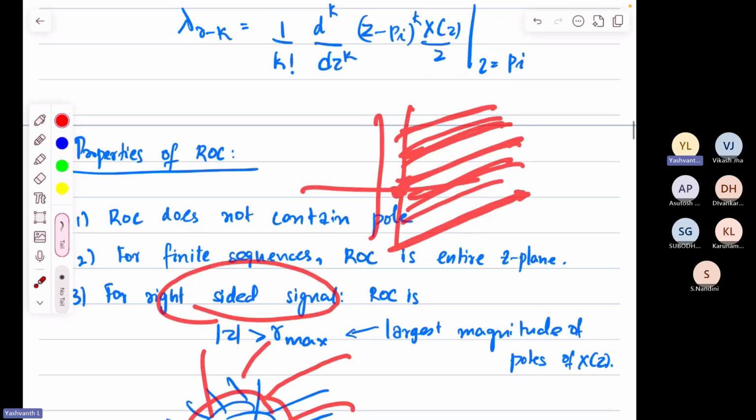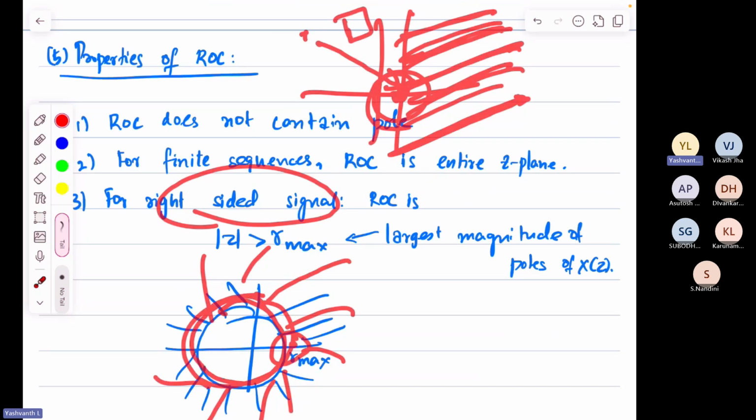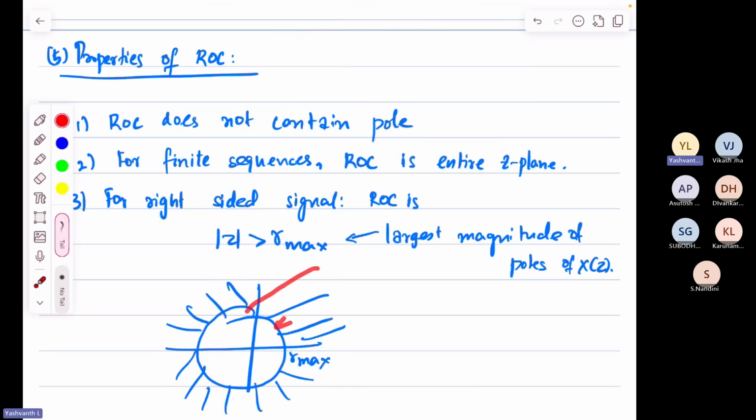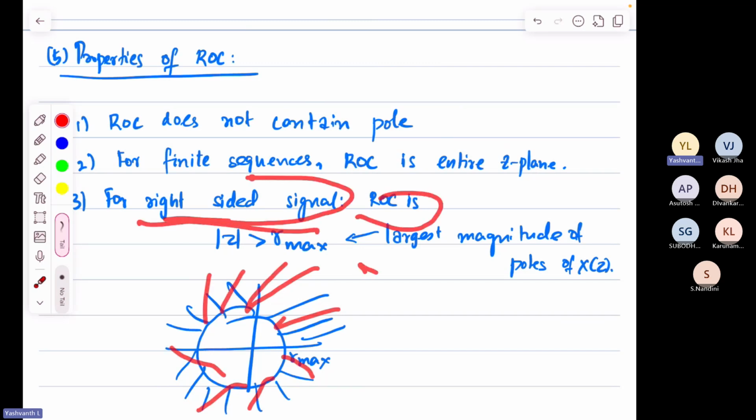In the Laplace transform, the number from which the ROC starts represented the largest pole, but for the z transform, the circle's radius represents the magnitude of the largest pole. So the exterior part of the circle with the largest pole will be the structure of the ROC if the discrete time signal is right-sided.